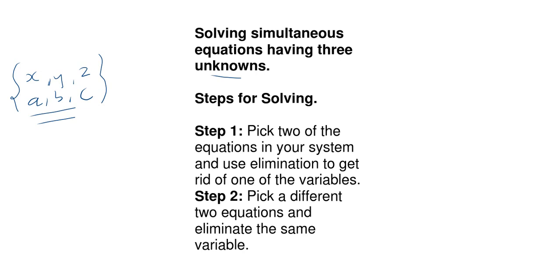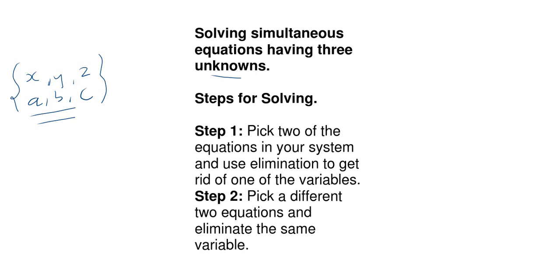But for matrix method and Cramer's rule, those are specific like that. So I am going to show you the steps that we follow in three unknown equations when we are not taught to use either elimination or substitution.